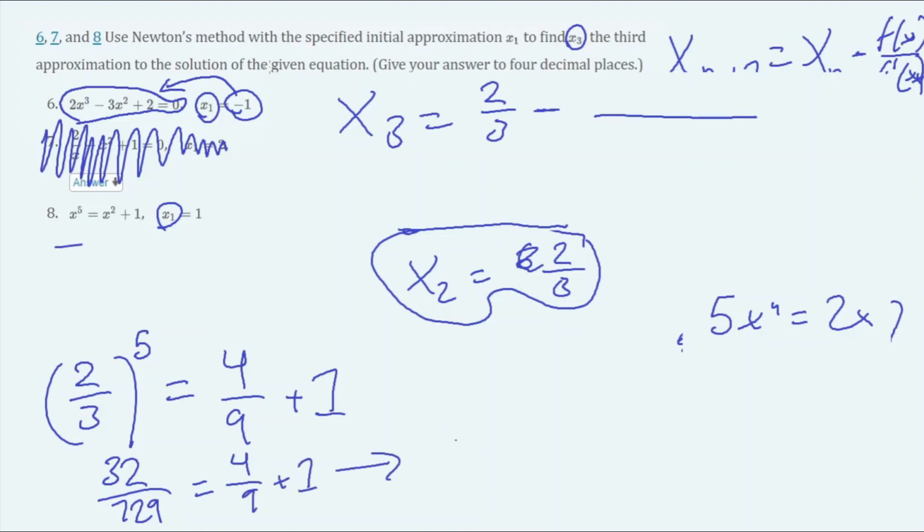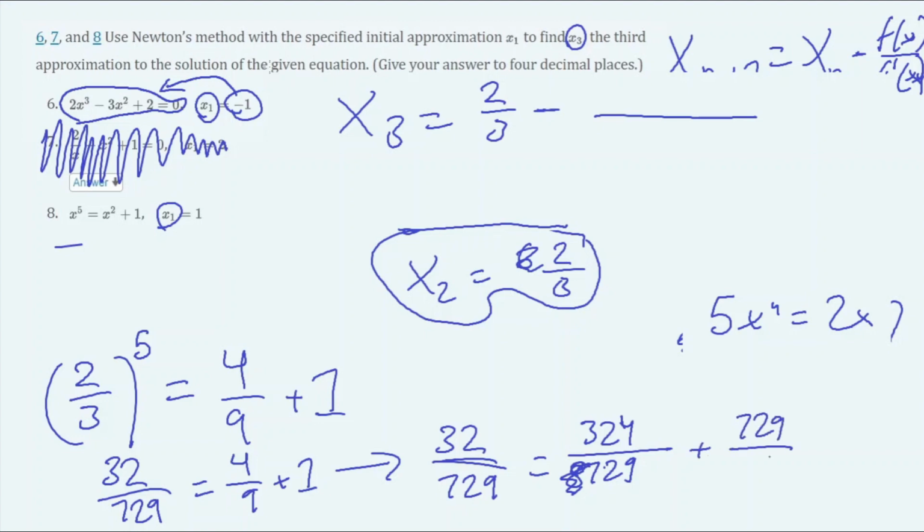And we could rewrite this as fractions of 729. So we have 32 over 729 is equal to, this would be 9, so we would multiply the numerator by 81. So we would have 4 times 81, which is going to be 324. And then plus 1, which is just going to be 729 over 729. Now we can do the subtraction and the addition.